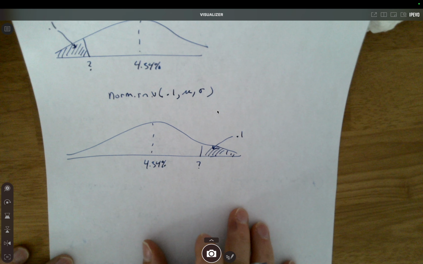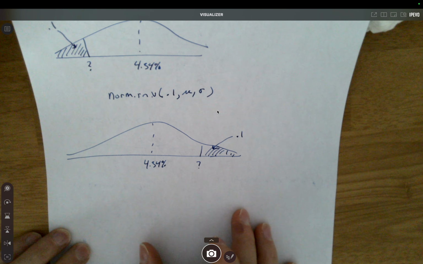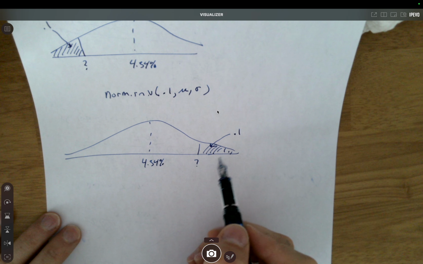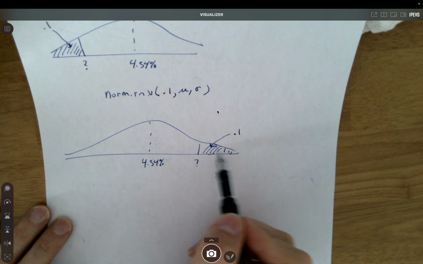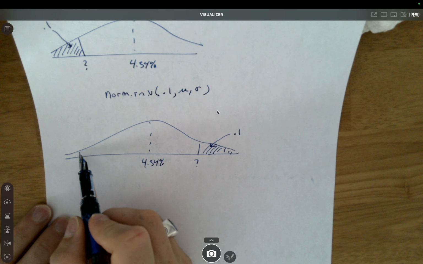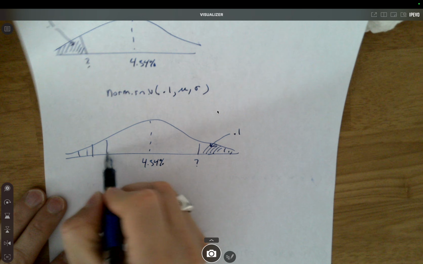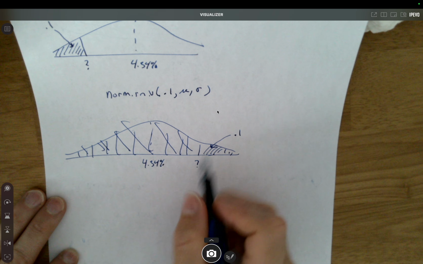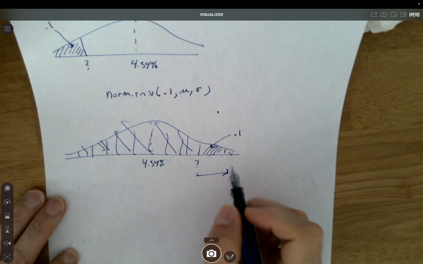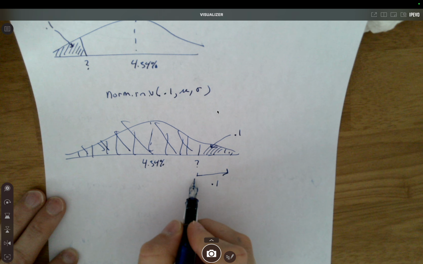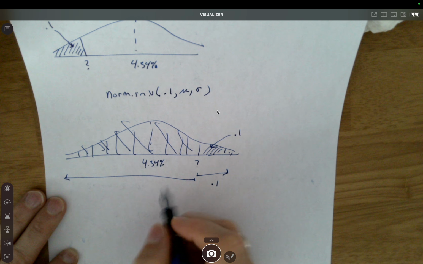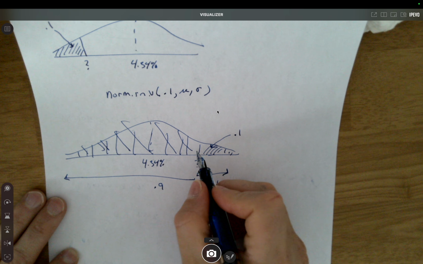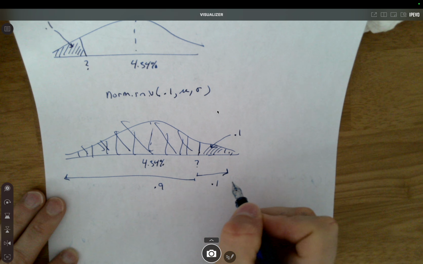Now, if you enter norm.inverse 0.1, because that's what your shaded region is, you're going to get the wrong number. If the area to the right is 0.1, the area to the left has to be 0.9 because the total area under the curve has to be 1.